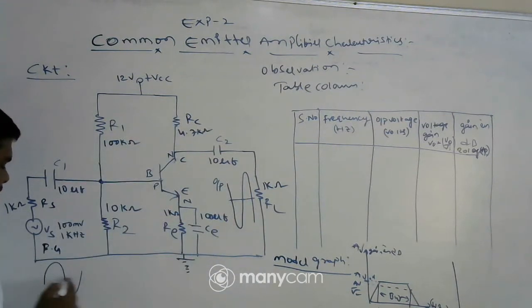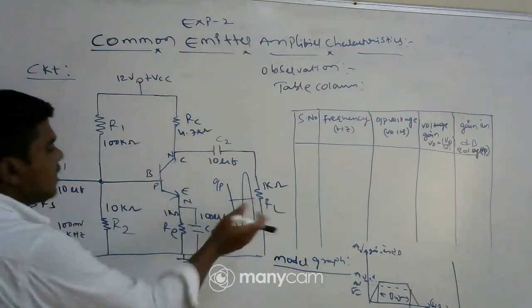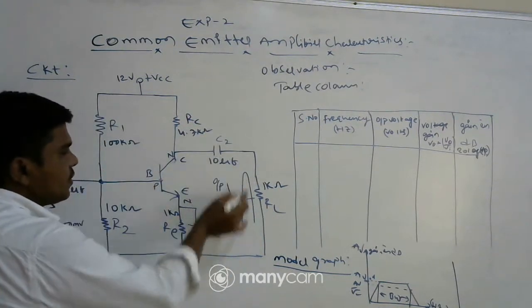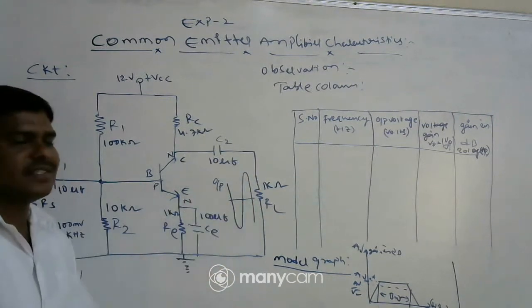This is your audio signal, generally represented with a sine signal. The transistor amplifies this signal and you will observe increased amplitude at the output while the frequency is constant.